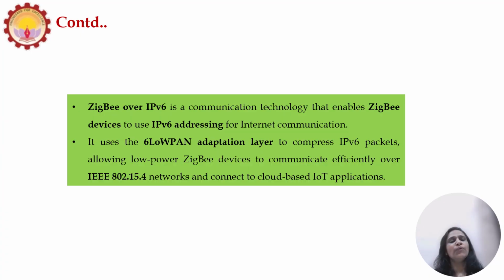ZigBee over IPv6 uses the 6LoWPAN adaptation layer to compress IPv6 packets, allowing low power ZigBee devices to communicate efficiently over the ZigBee network and connect to cloud based IoT applications.